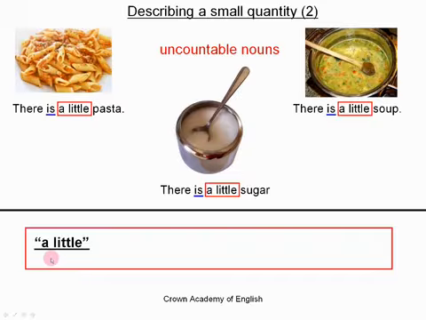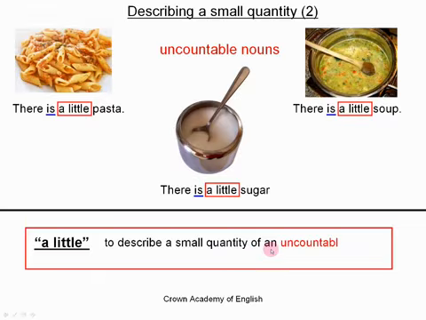So the rule is we only use a little to describe a small quantity of an uncountable noun. Okay, that is very important. So we do not use a little to describe a small quantity with a countable noun. Okay, very important. Just something else which is important is a little.